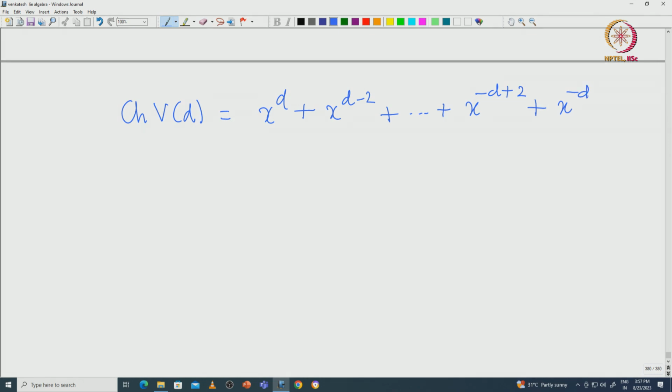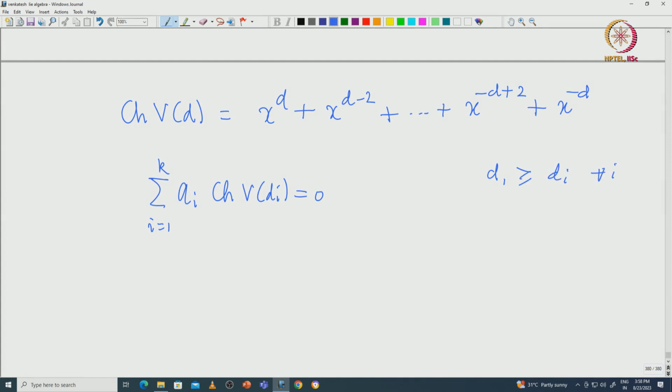Now, if you take some linear combination of these characters to be equal to 0, let us say the sum of ai times the character of Vdi, i from 1 to k, is 0. Then you can pick d1 which is maximal among all the di's, so d1 is greater than or equal to di for all i.